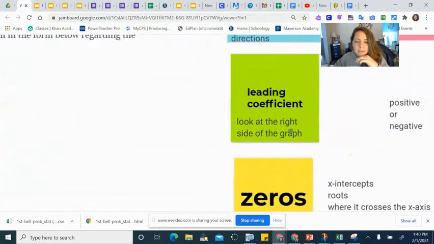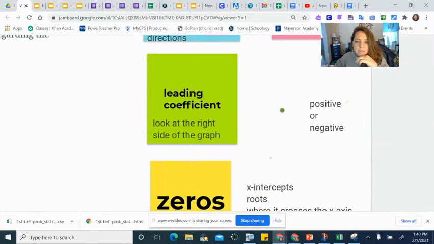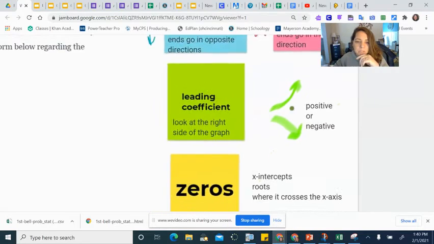If the right side of the graph is going up, then your leading coefficient is positive. If the right side of the graph is going down, then your leading coefficient is negative. I'm not asking anything about the left side of the graph or the middle, literally just the right side as x approaches infinity.